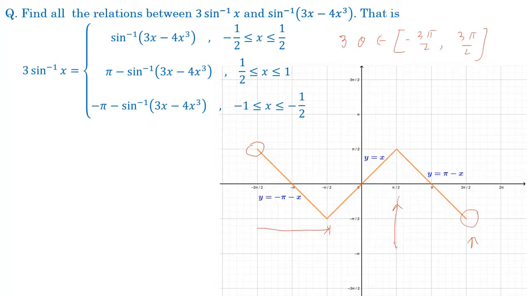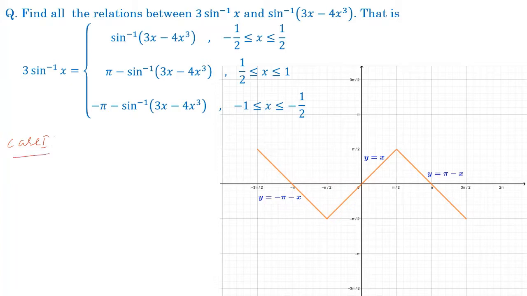So first of all you take this one. Your relation was this one. So you start with case 1 directly. In case 1, 3 theta belongs to minus 3 pi by 2 up to minus pi by 2.